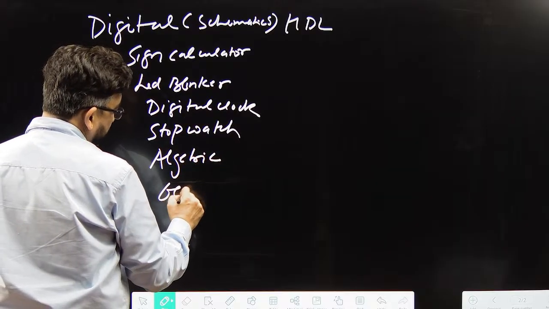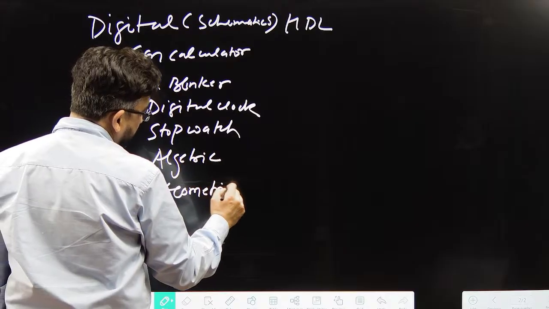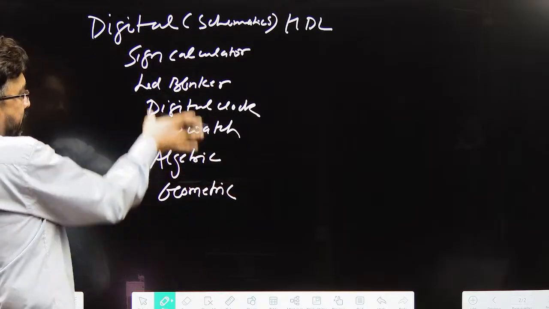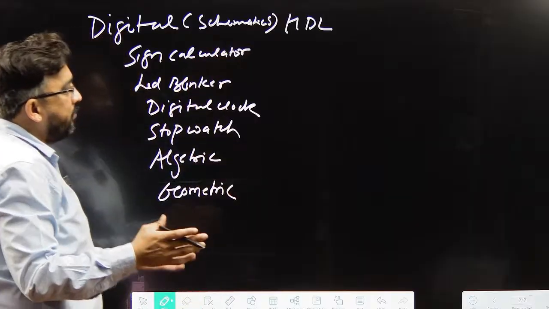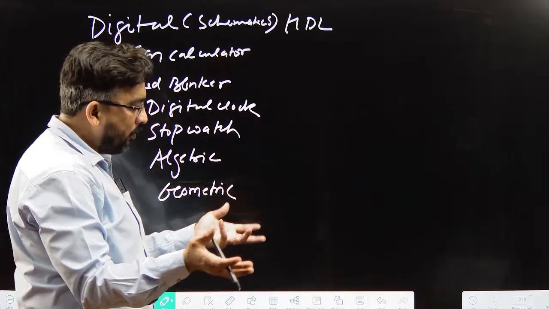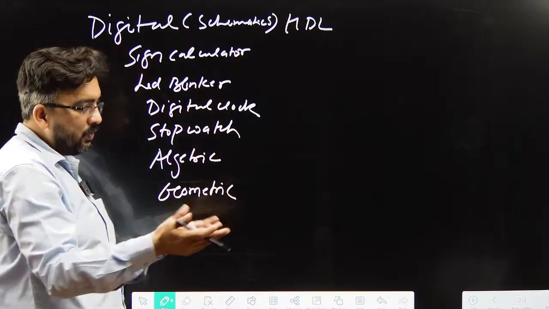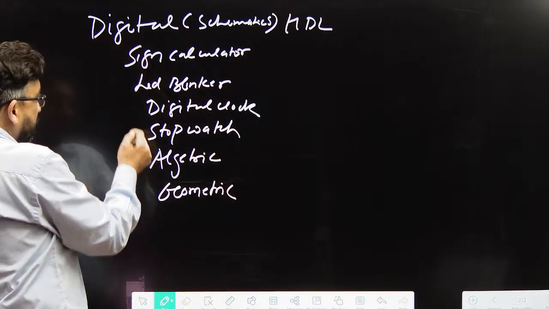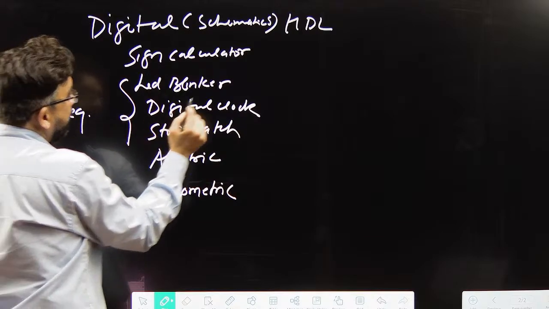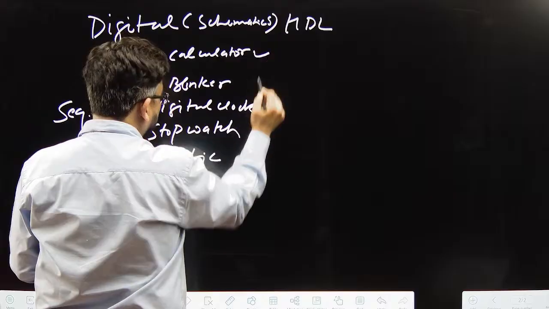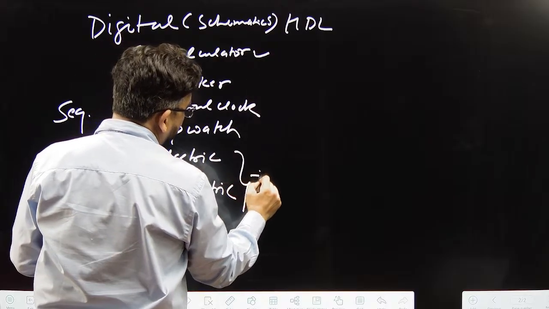and geometric. So whatever you have basically designed, this time calculator, I think, maybe has 7 to 8 blocks. This LED blinker also has 7 to 8 blocks. So these three projects are basically sequential projects, and this calculator and algebraic is basically a combinational project.